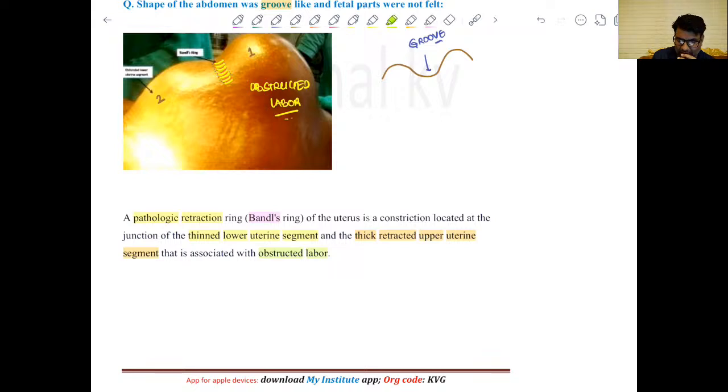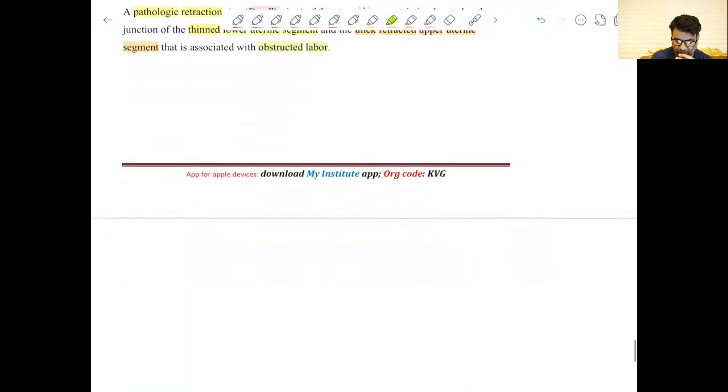So you can say this is thinned lower uterine segment, and this is thick upper uterine segment, and this is thick because it is retracted. Clear? So this part is the Bandl's ring, which is also known as the pathological retraction ring, and it's a feature of obstructed labor, right?